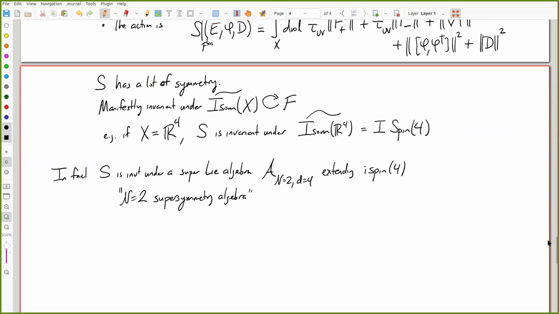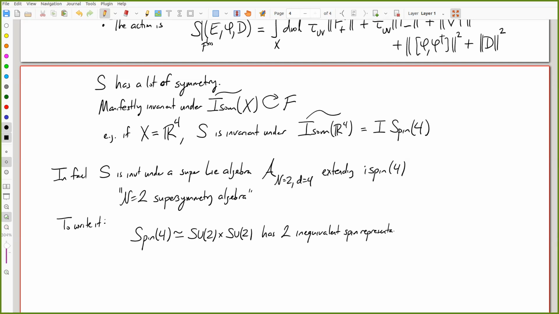To write it, I need a little bit of notation. The group spin 4 is the same as SU2 cross SU2. That's the same Lie group. And so it has two inequivalent spin representations.